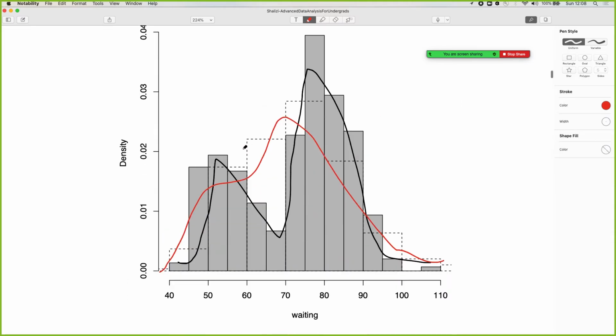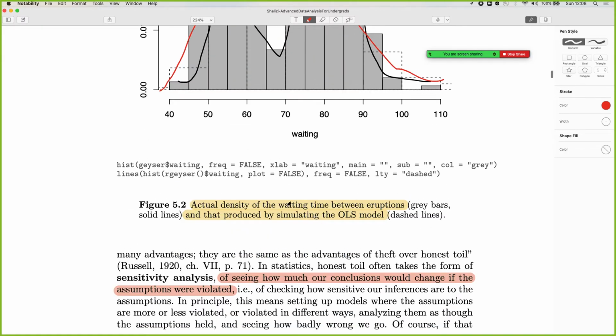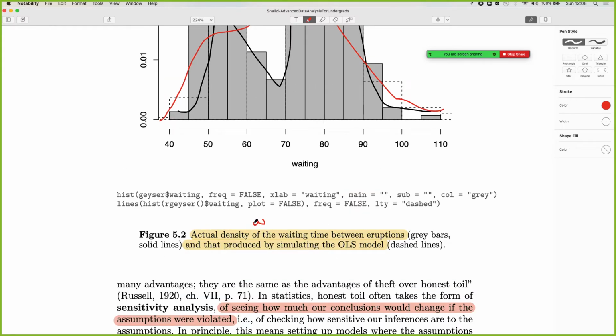So yeah, this tells us that the actual density of waiting time between eruptions, W, and that produced by the W OLS, I think I should say F because there's an actual density of W, and W OLS is the estimate, so this should be does not match.